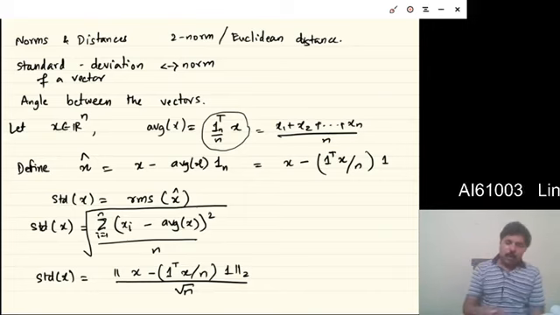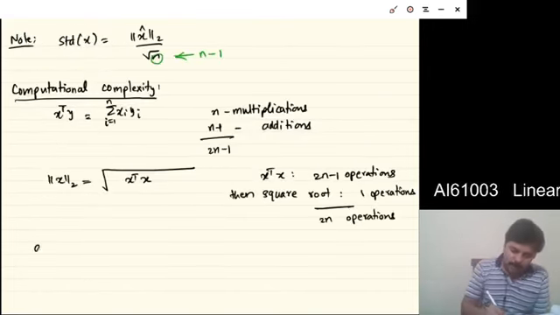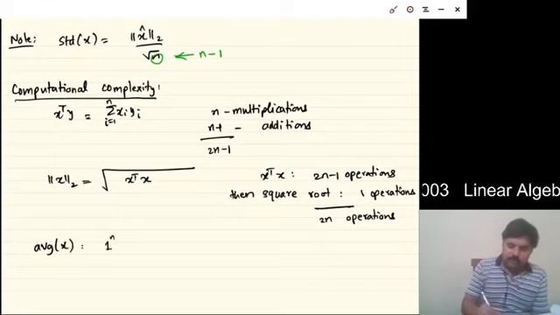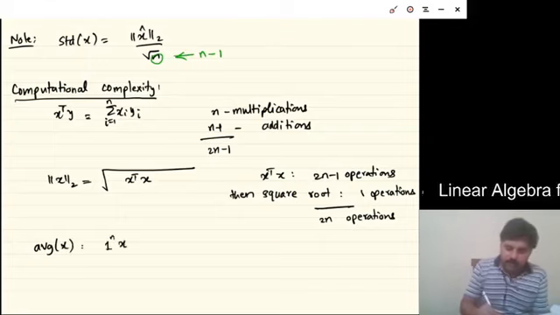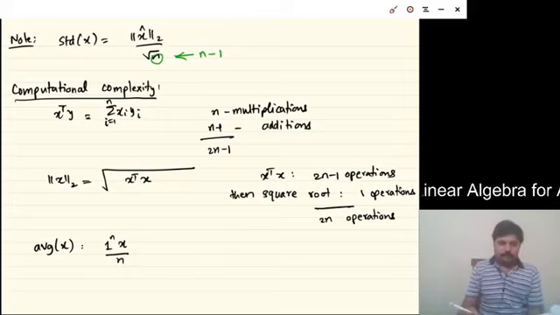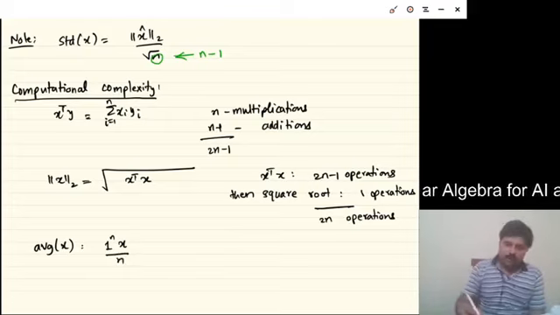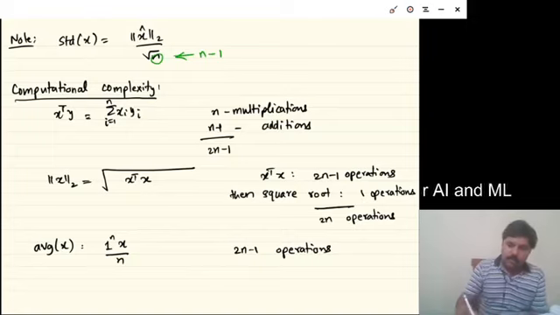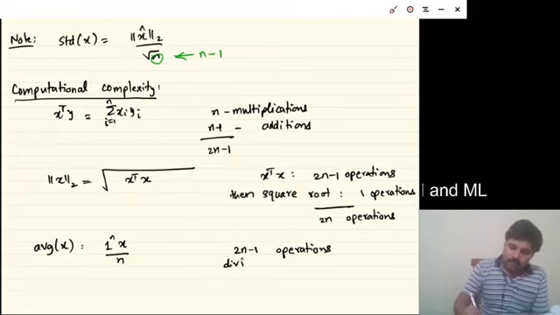Now how many operations are required for averaging x? Averaging x is basically 1 transpose x divided by n. 1 transpose x requires 2n minus 1 operations, and you have one division by n.